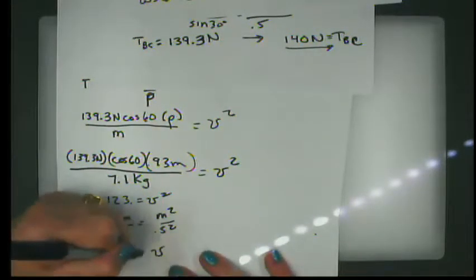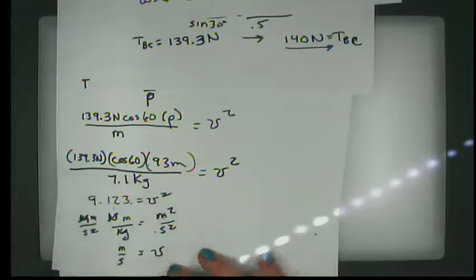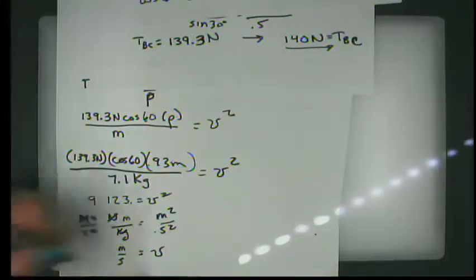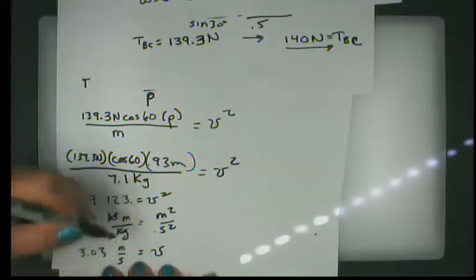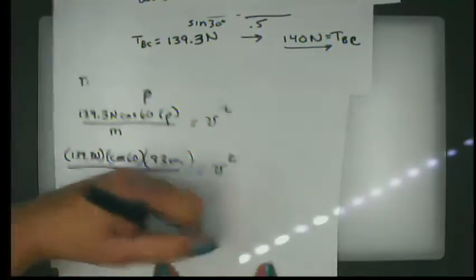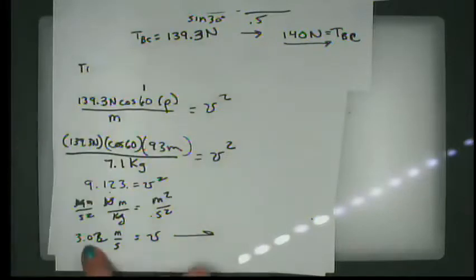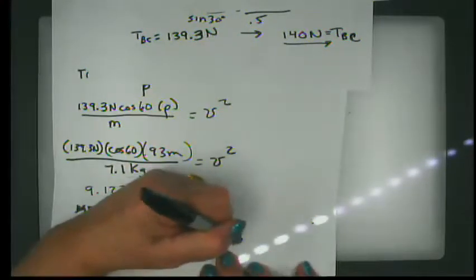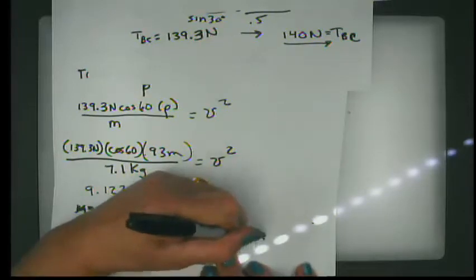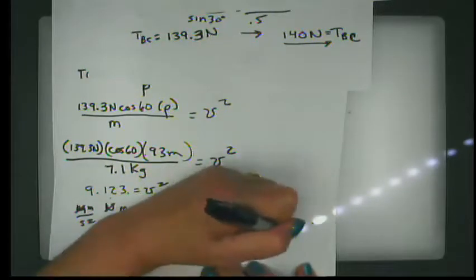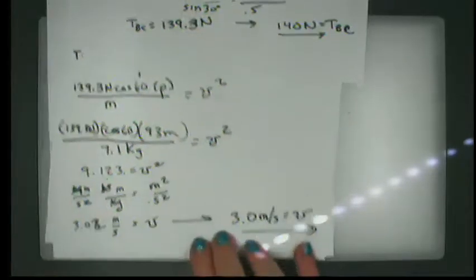So that means my velocity, when I take the square root of that term, is going to be in meters per second. And so it's just over 3, right? 3.02 meters per second. And so that means that the velocity in significant figures, if we're going to keep 2, is going to be 3, not just 3, but 3.0 meters per second equals the velocity.